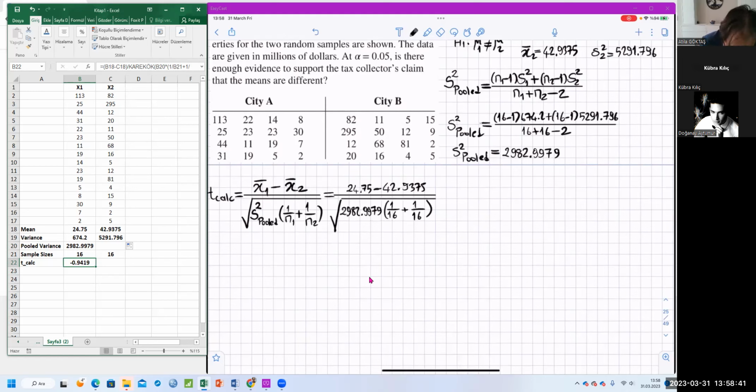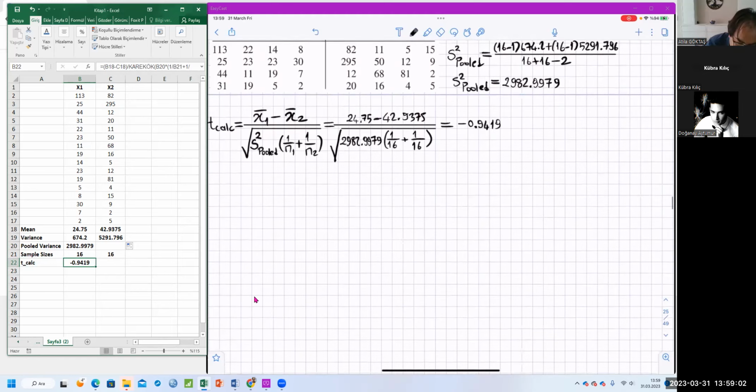Okay. The result of this calculation, I have it right there in Excel. This is the value I'm dealing with, minus 0.9419.